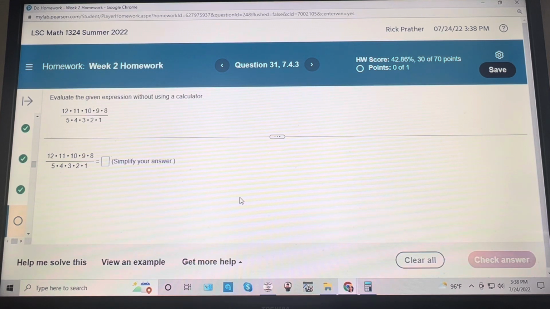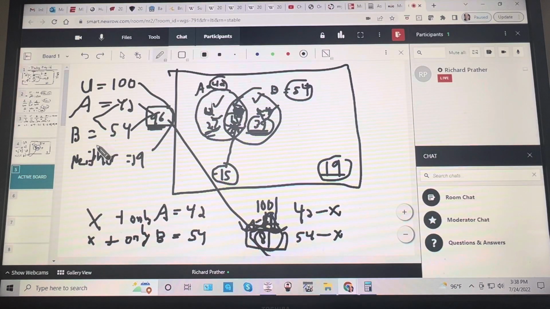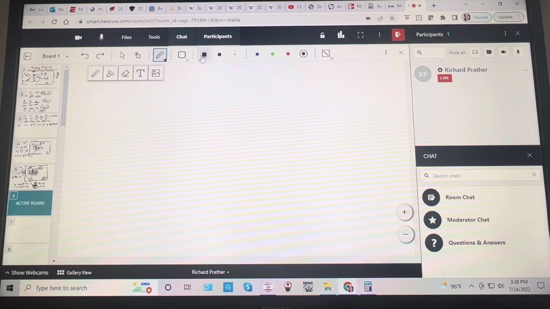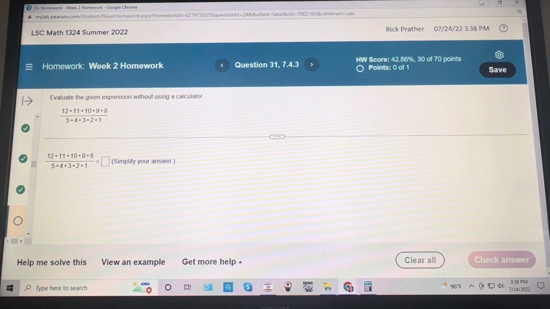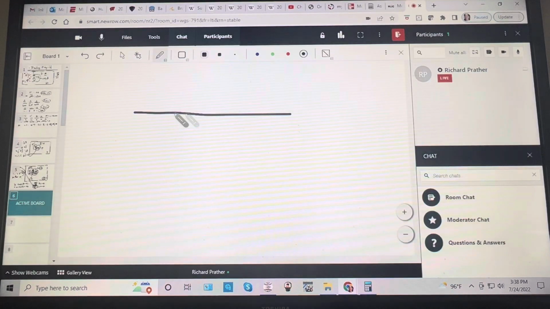Okay, so first I need to teach you how to work these calculations out because you're going to set these up yourself in a minute. So you're going to get a problem where this kind of result occurs, and then the question is how do you simplify it? So what if you have 12, 11, 10, 9, 8 in the top?